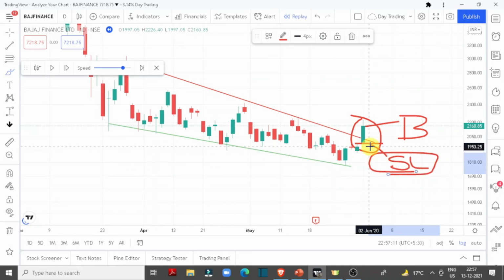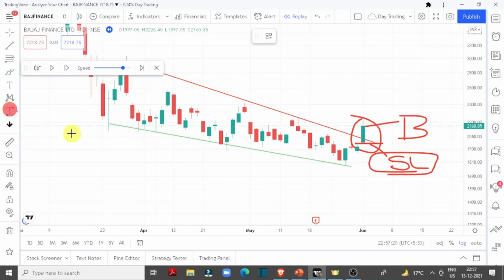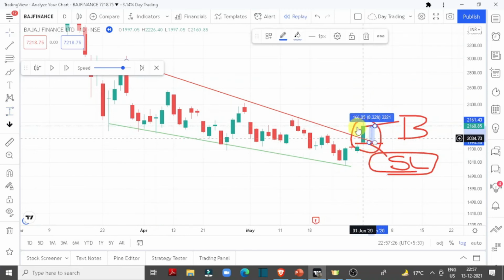If you place your stop loss at this level, then there is a possibility that your stop loss will get hit, a possibility of getting whipsawed, but the advantage is that your risk is very little. Let's say I buy at this point and keep a stop loss over there, then my risk as per this stop loss would be around 8%, right?